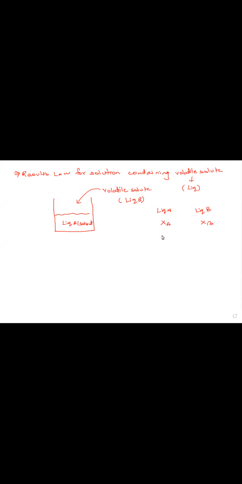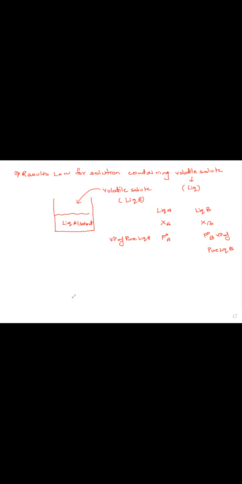And P naught A is the vapor pressure of pure liquid A and P naught B is the vapor pressure of pure liquid B. ठीक है?